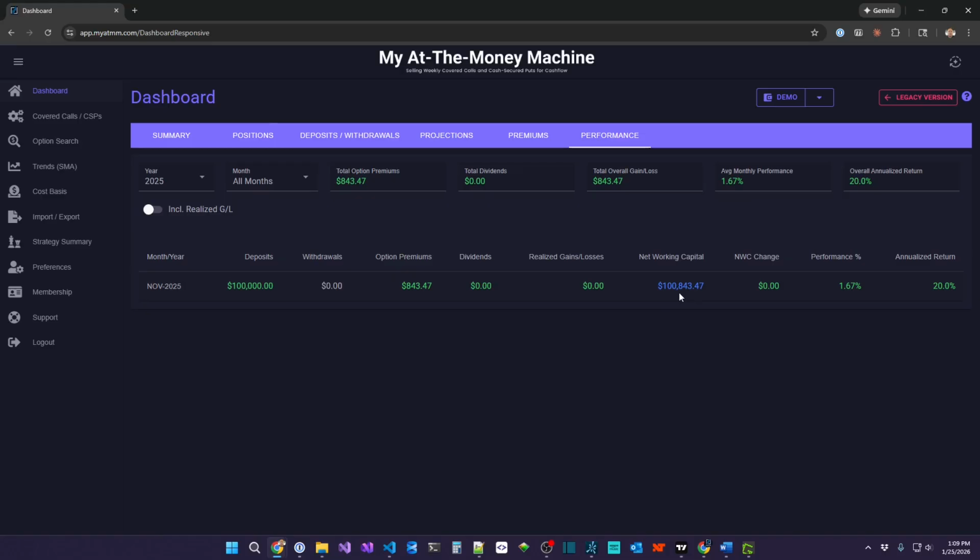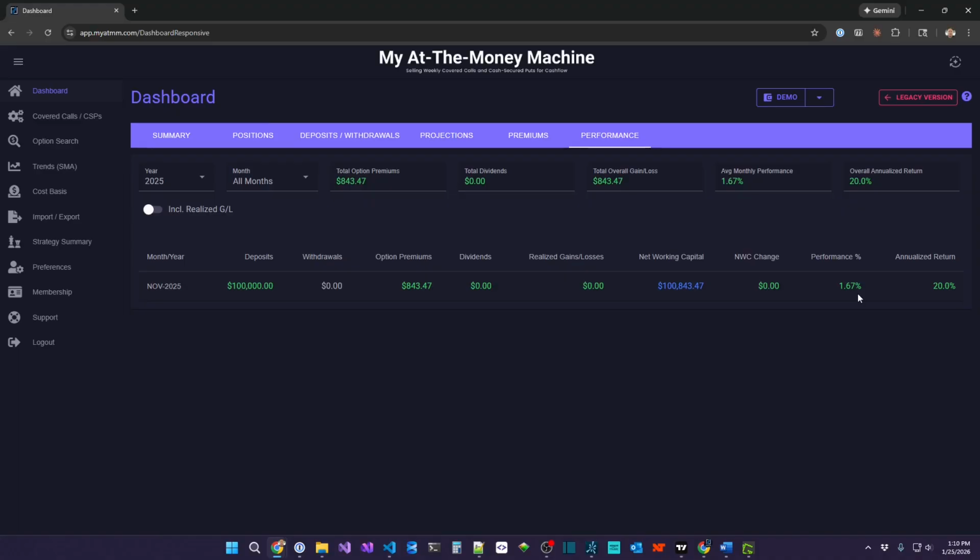So now you can see the amount that we collected on the total net working capital, not just the money we had at play with Apple, but the entire portfolio. We made 1.67% on the entire portfolio in the month of November. So this is a pretty powerful way to track your overall performance on any given month as you go through the month, to make sure that you're making enough money compared to your entire portfolio to meet your goals.